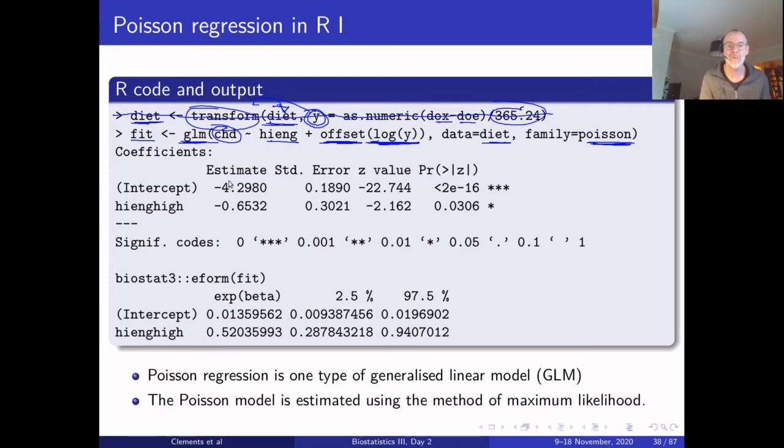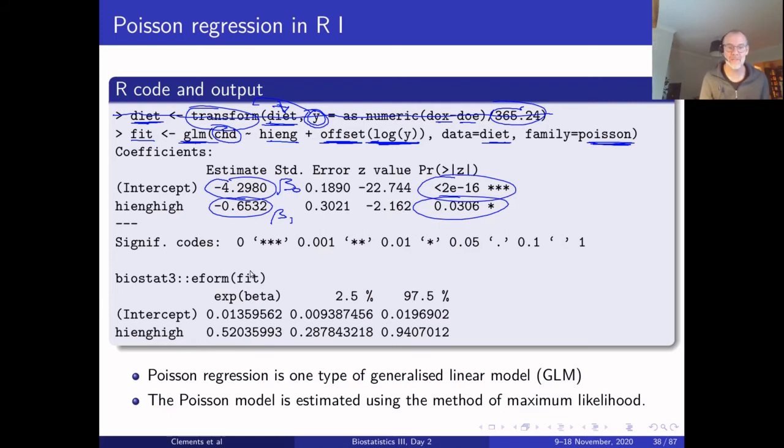This is equal to beta naught, and this is equal to beta 1. We also get the standard errors, test statistics and p-values based on the Wald test. So this is highly significant, and this is significant as well at 3%.